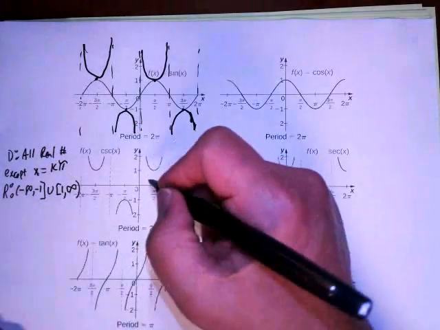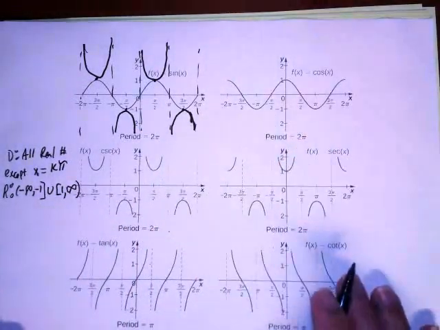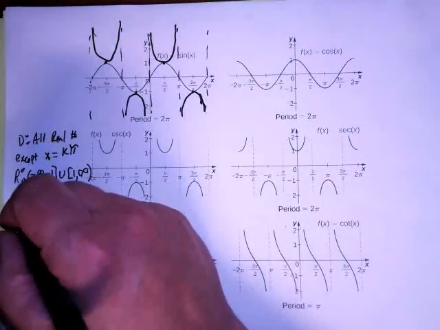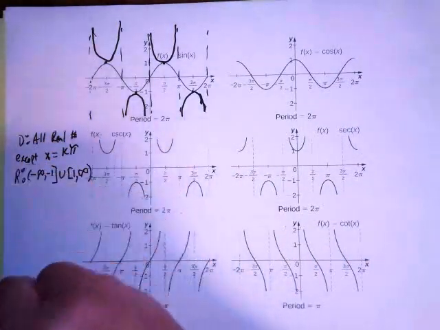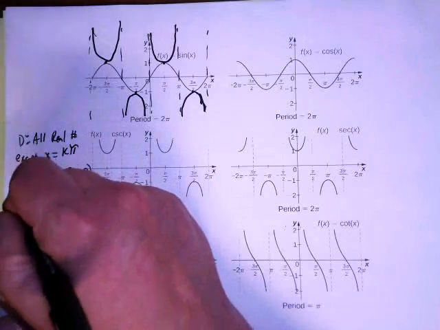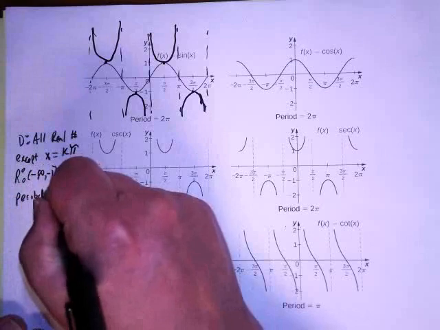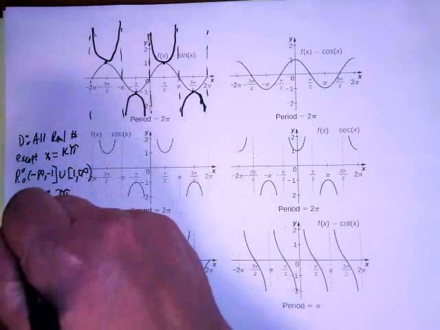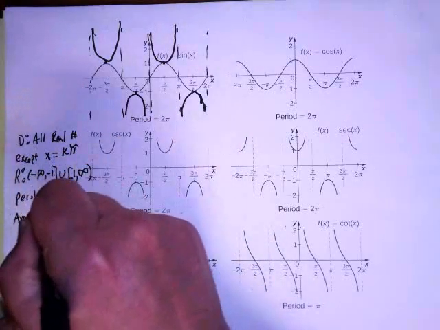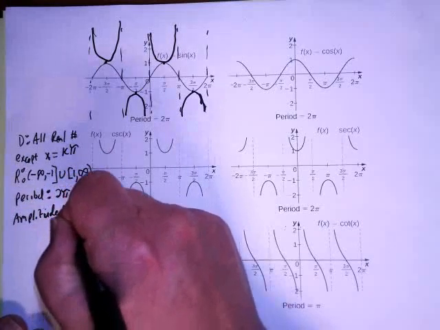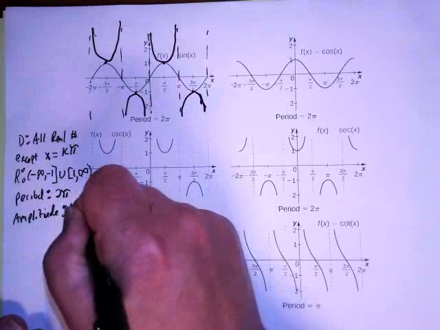The space between wouldn't be in the range. The period is 2 pi, just like the sine. And the amplitude, well, it doesn't have a minimum or maximum value, so I would say the amplitude does not apply.